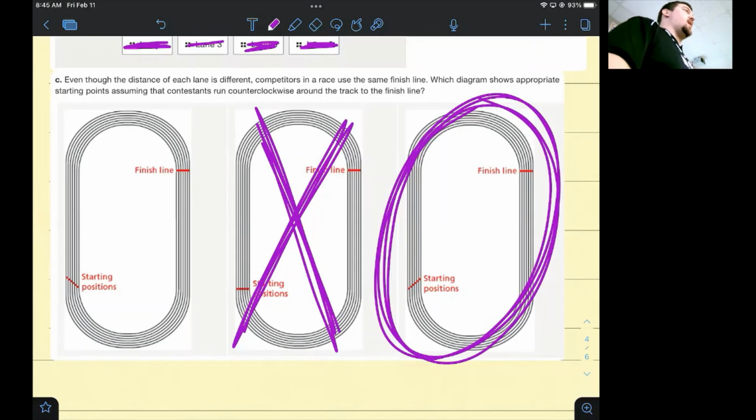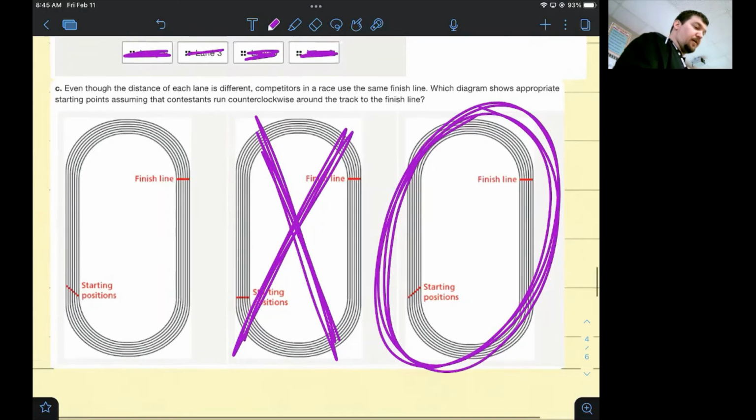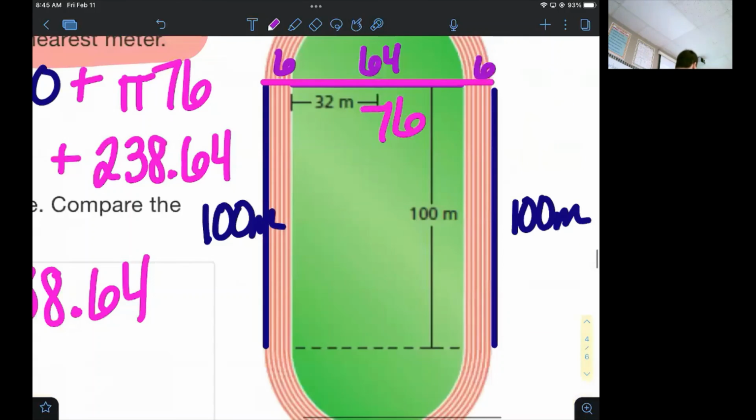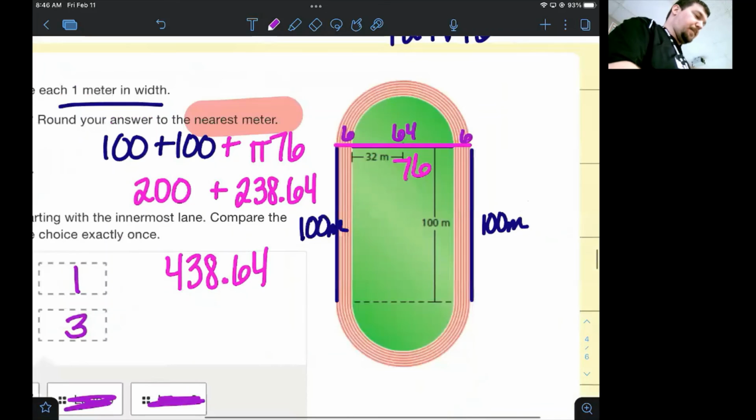If you watch especially the Summer Olympics, where there's a lot of track and field events, you'll see that if they're running just a 100-meter dash, they'll all start at the same spot, because for 100 meters, you can all start at the same spot and end at the same spot. But when they start doing the full rotations around the track, they have to start at different starting spots. Okay.